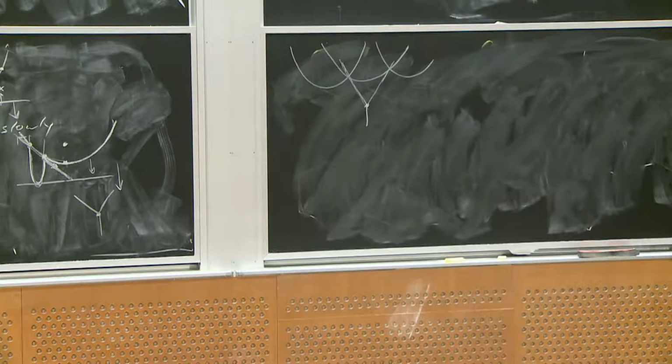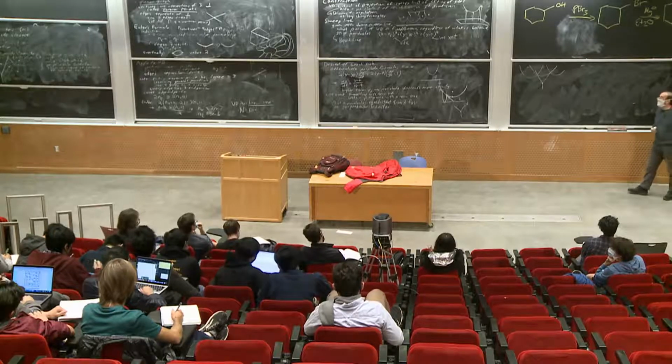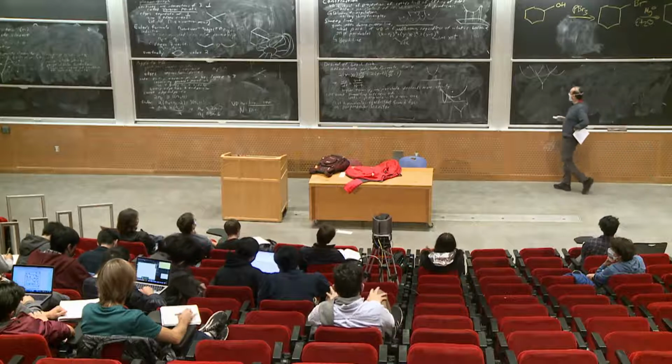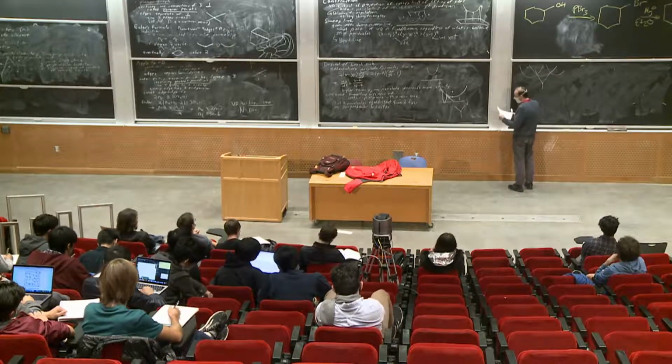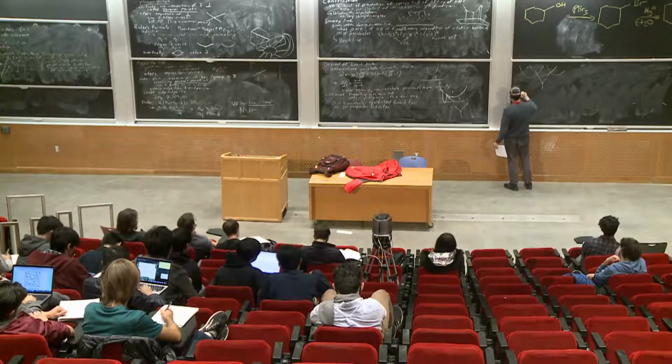Why did that happen? What happens to the parabolas? Oh, the middle one disappeared behind the two. Exactly, so this is what is known as a circle event.